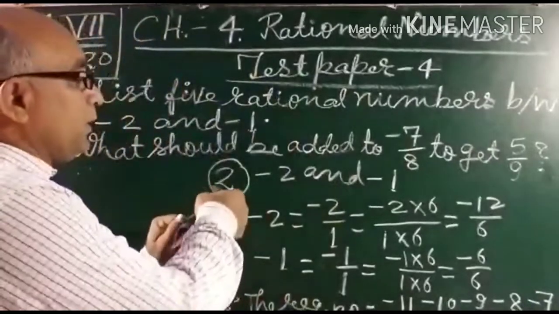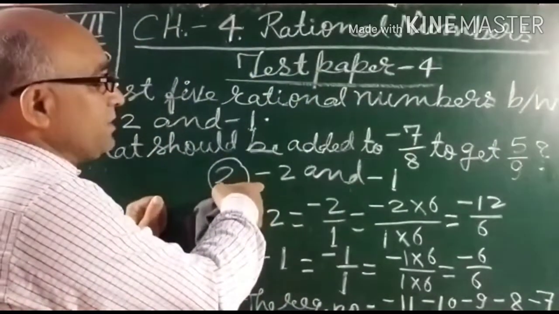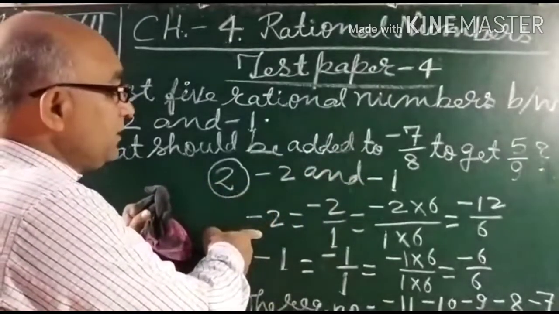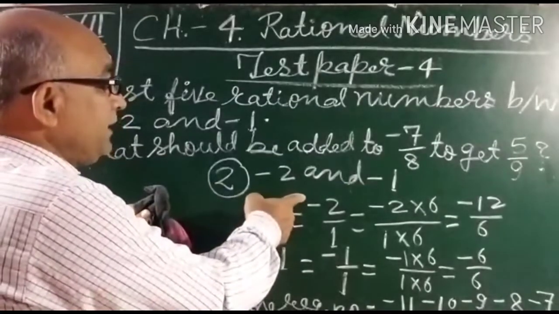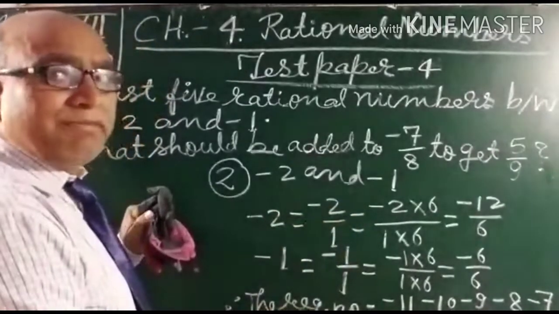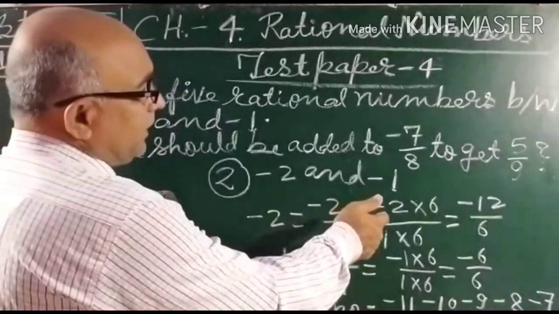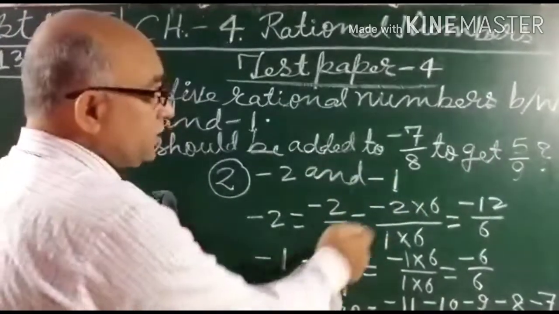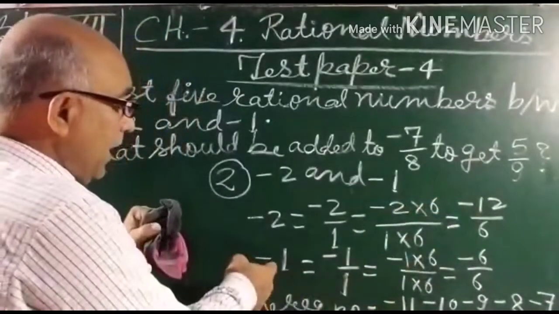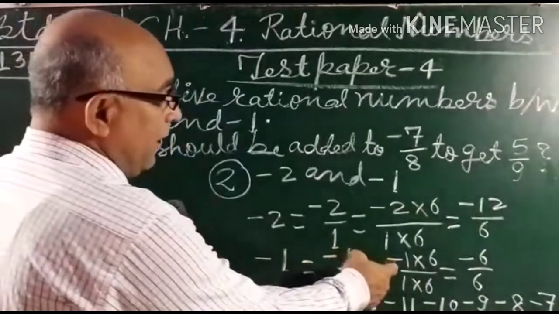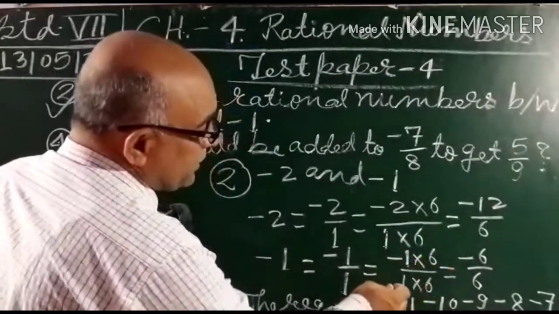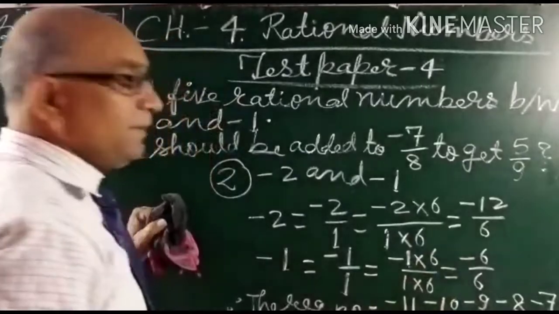Students, question number 2 is list 5 rational numbers between -2 and -1. So -2 expressed in the form of rational number p by q. Write -2 by 1 equals, we have to find 5 rational numbers, then multiply numerator and denominator by 6. -2 into 6 by 1 into 6 equals -12 by 6, and -1 equals -1 by 1, -1 into 6 by 1 into 6, so -6 by 6.